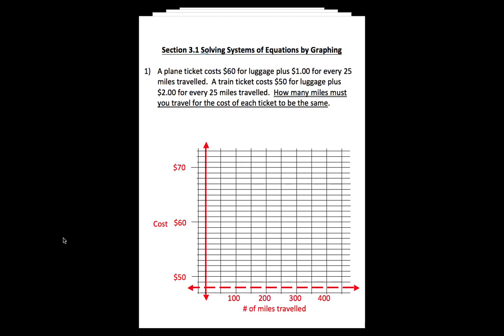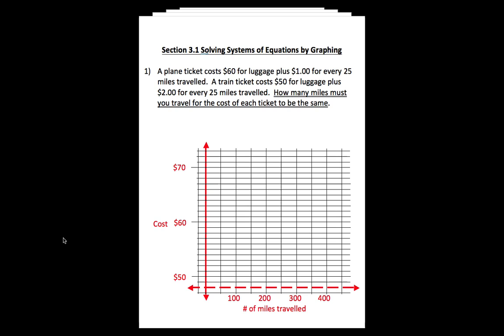There's lots and lots of examples of times when we would want to compare two things that we're representing with an equation. One such example is in any cost analysis. So let's say, for example, we wanted to compare the price of a plane ticket with the price of a train ticket.